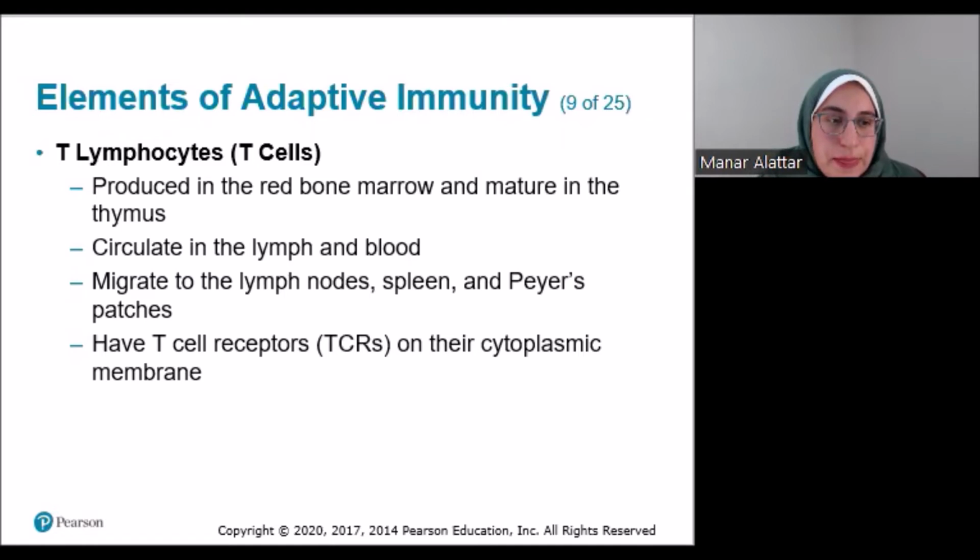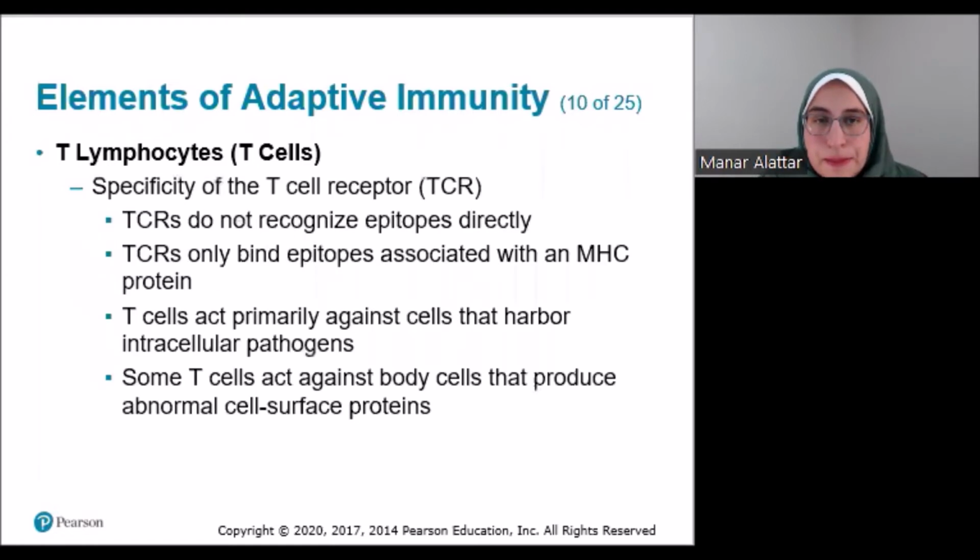And so, in terms of recognition, this is a distinction between T cells and B cells. The T cells do not recognize the epitope itself. They recognize the complex that's created with the MHC proteins on the outside of the cytoplasmic membrane.